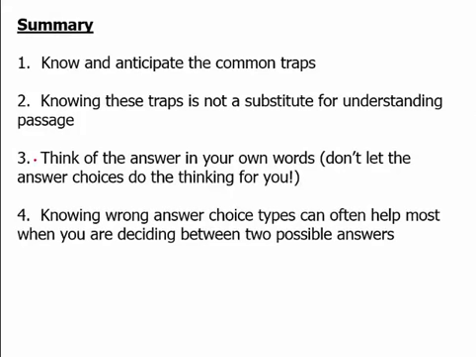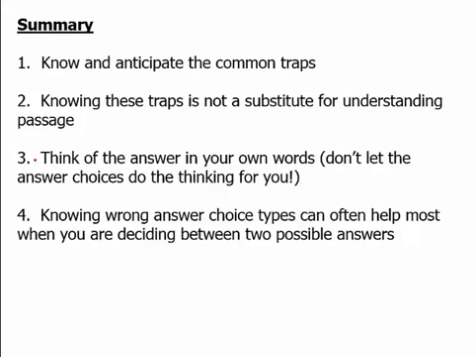Now, I'm going to say this one more time because I think it's important, is the idea that you are not trying to identify every wrong answer type. You're not slowing down and trying to read every single answer choice and go back and think, hey, sounds like this type of error. It's usually when you're down to 2 or 3 that knowing the wrong answer choice type is important, and also knowing the wrong answer choice types that typically get you.